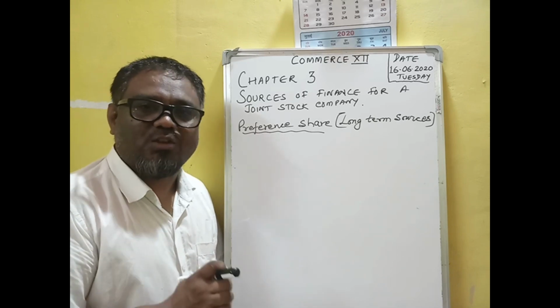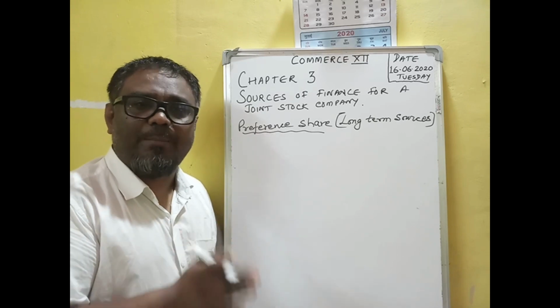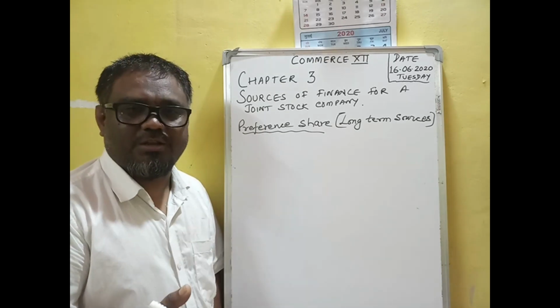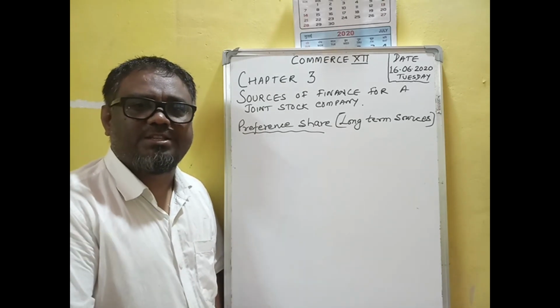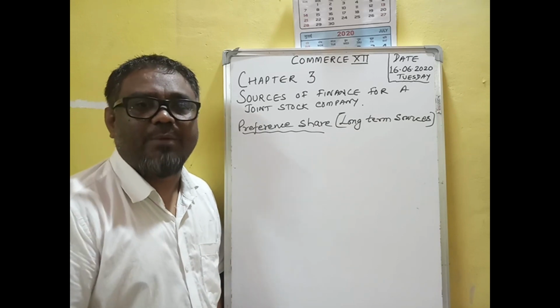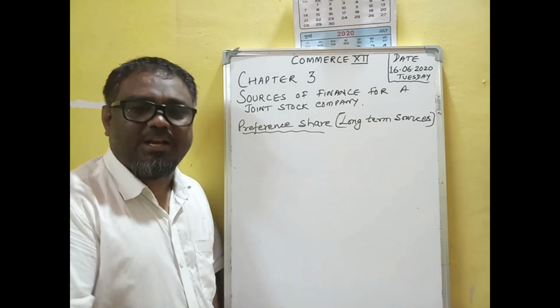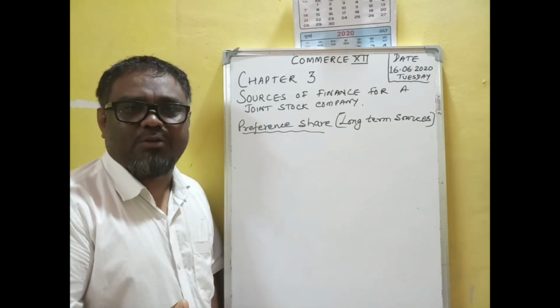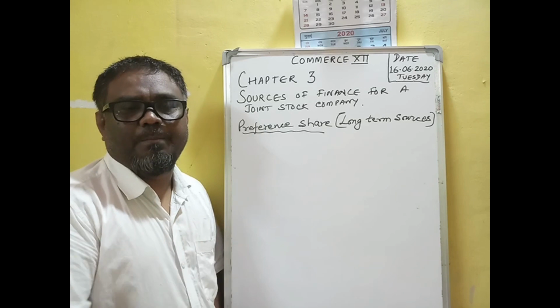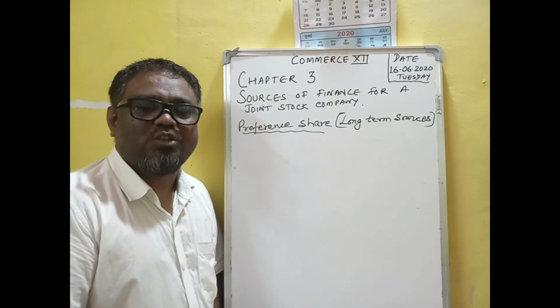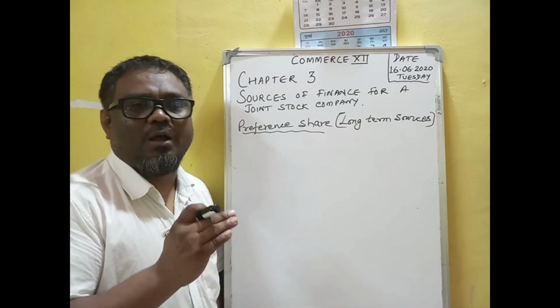That's why they are so called preference. Before the dividend is declared to the equity share or any other shares, first dividend is declared to the preference shares. Dividend means a profit. So before declaring a dividend to the equity shareholders, first dividend is declared to the preference shareholders. That's why they are so called preference.